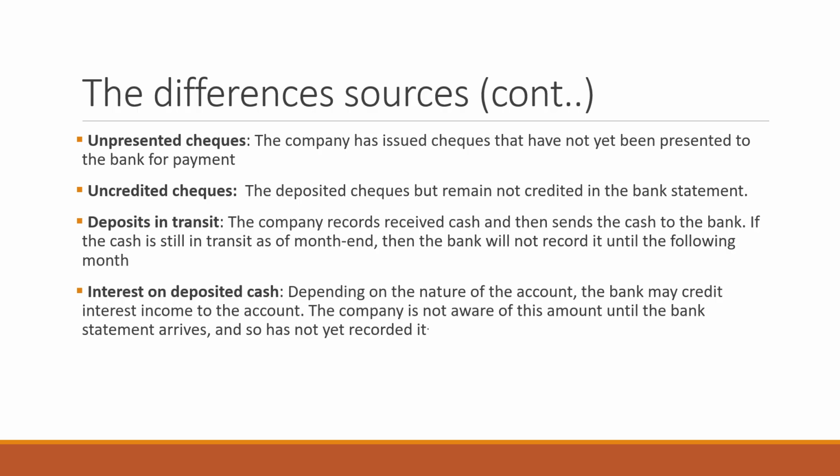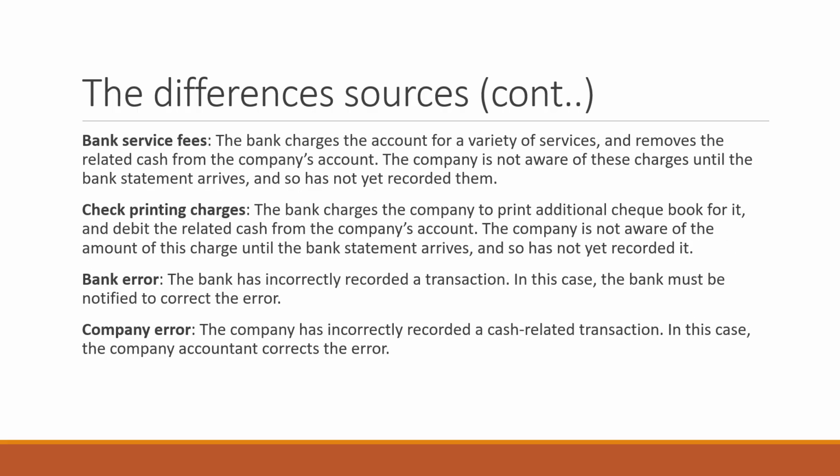And we have a bank charge fee. The banker may deduct some amount as a banking fee, and this may not be instantly reflected in the cash book, and then it may cause a difference.